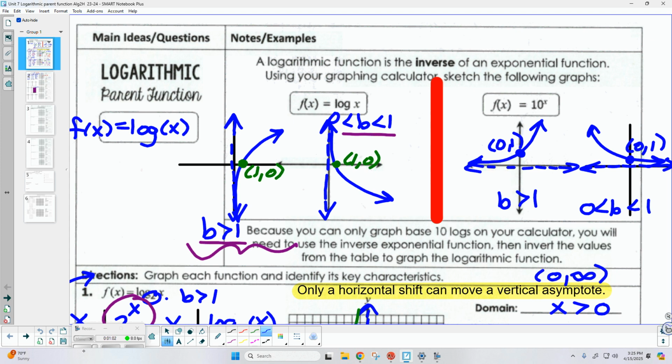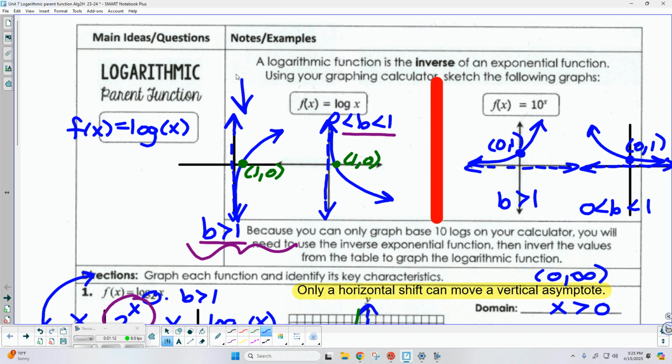Okay, so we've been looking at how to graph the logarithmic parent. Now remember, if your base is greater than 1, it's going to be logarithmic growth, seen right here. And if your base is between 0 and 1, then you're going to have logarithmic decay, seen right here. Now, every log parent is going to cross the x-axis at (1, 0).